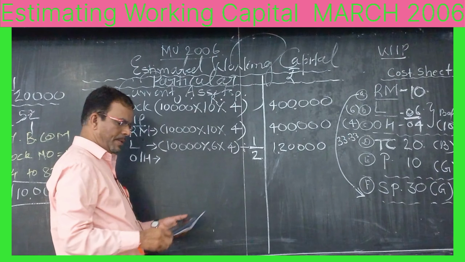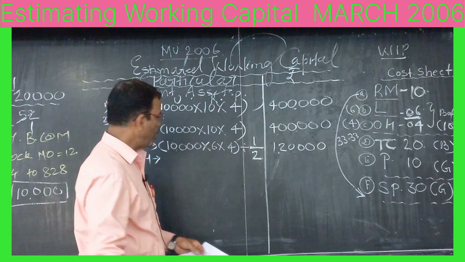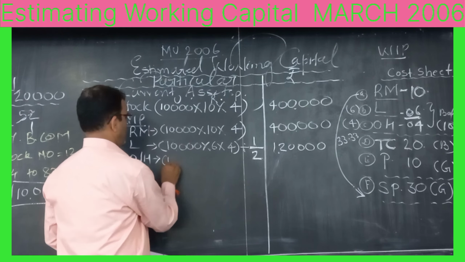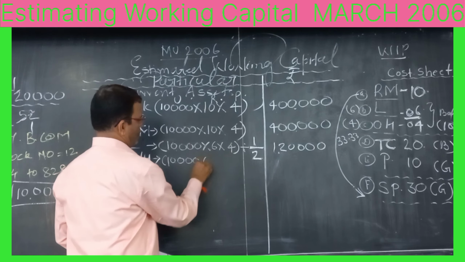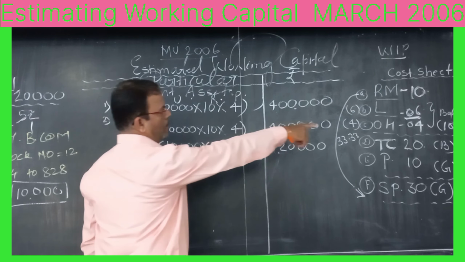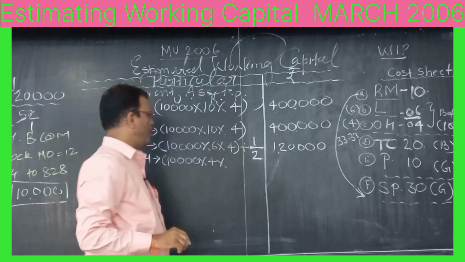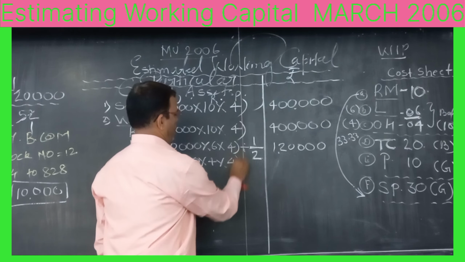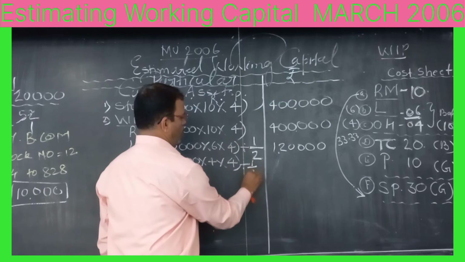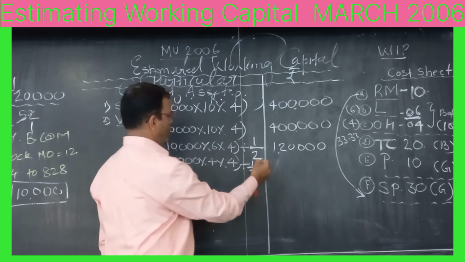How much overhead is coming? Again, the amount is 10,000. What is the rate? Overhead rate is 4. And what is the period? 4. Again, this is divided by 1 upon 2.